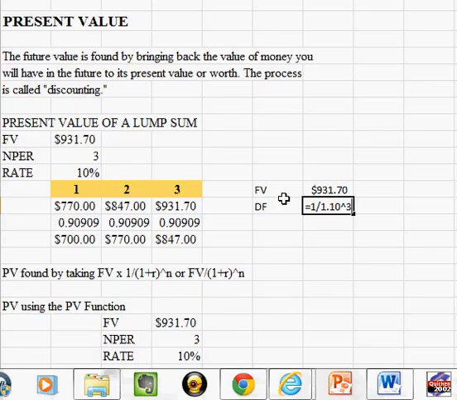If my interest rate was, for instance, 8%, it would be 1 divided by 1.08 raised to the power of 3. So my discount factor is 0.7513. My present value would be found by multiplying those two numbers together, and we would find the $700. So this is our discount factor.